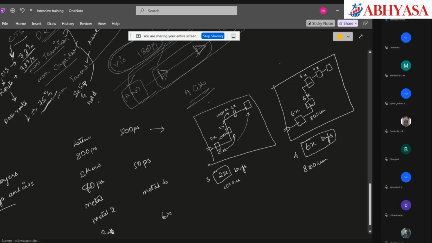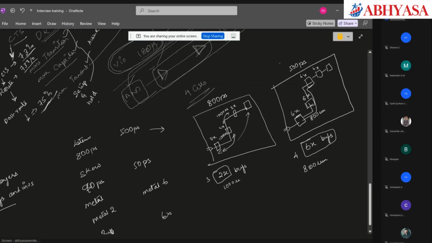So clearly latency of 800 PS versus latency of 500 PS, I will have more cells in 500. But you can ask me, sir, 6x can drive longer, right? 2x can drive only shorter, right? So it is a trade-off between my drive strength versus transition and load.